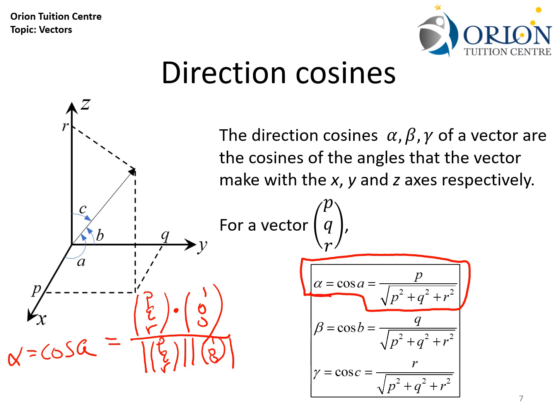On evaluation, the numerator becomes P and the denominator becomes square root of P squared plus Q squared plus R squared. And that is how I derive the formula for the direction cosine, and you can do so similarly to obtain beta and gamma.